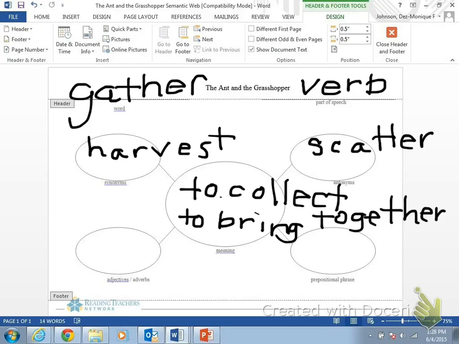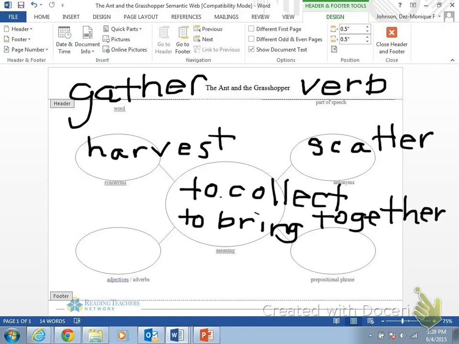All right, now let's think of an adverb, a word to describe the way someone may gather. If I think about the ant and the grasshopper, what word would I use to describe the way the ants were gathering up food for the winter? Were they moving slowly? Were they moving quickly?